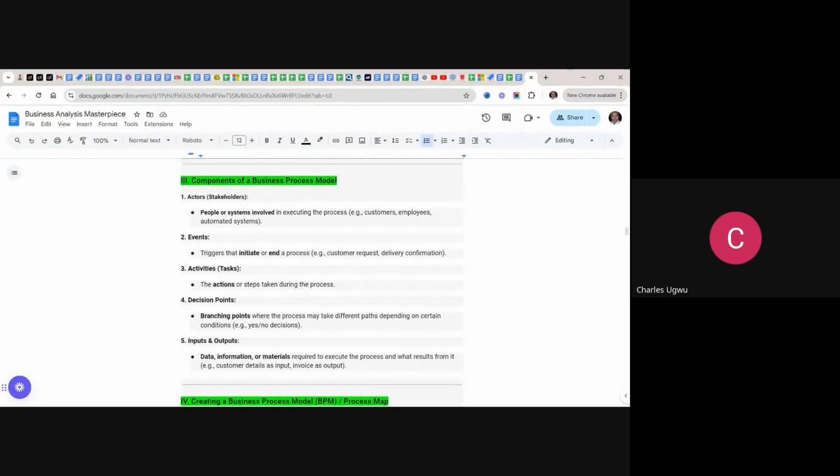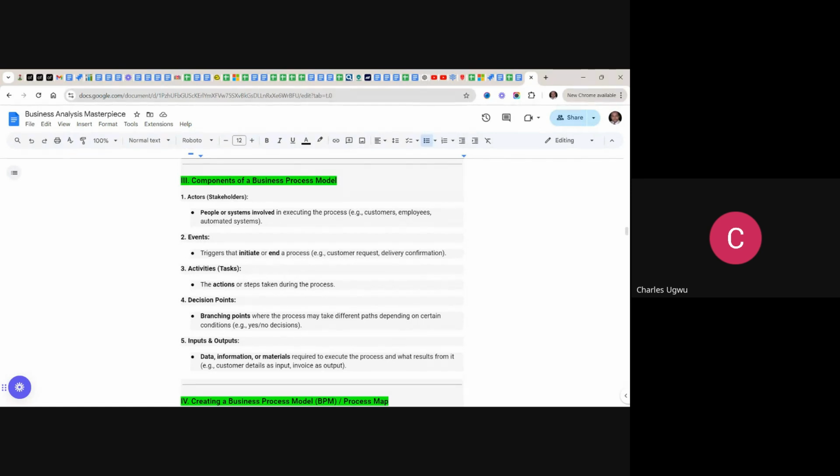Then we have events. These are triggers that initiate or end a process, such as a customer request or delivery confirmation. These are what we call events within the business process. We have activities or tasks. These are actions or steps taken during the processes.